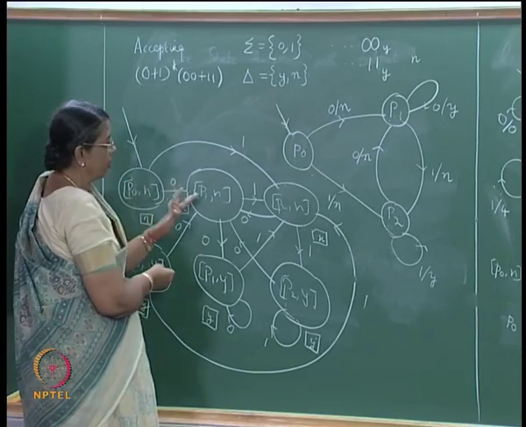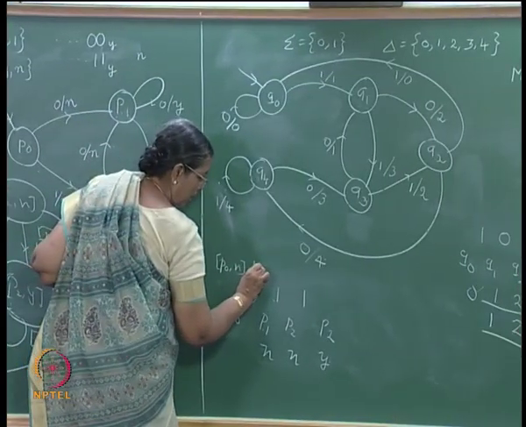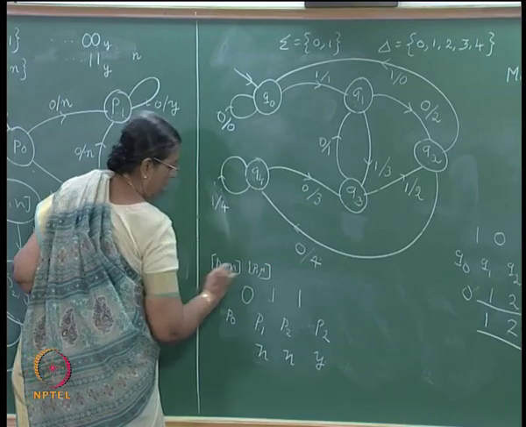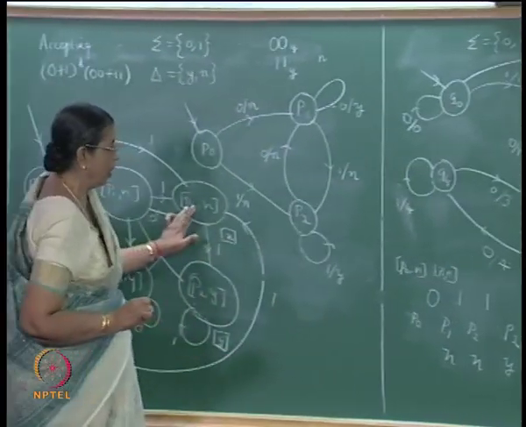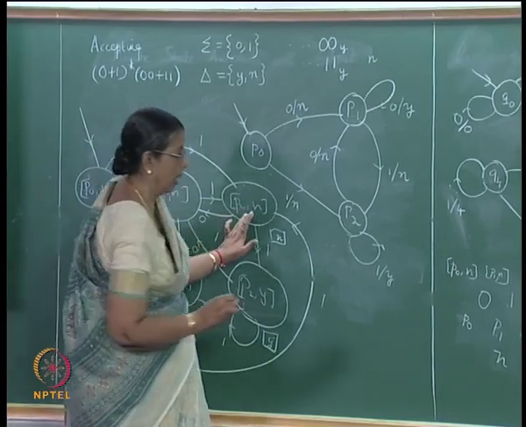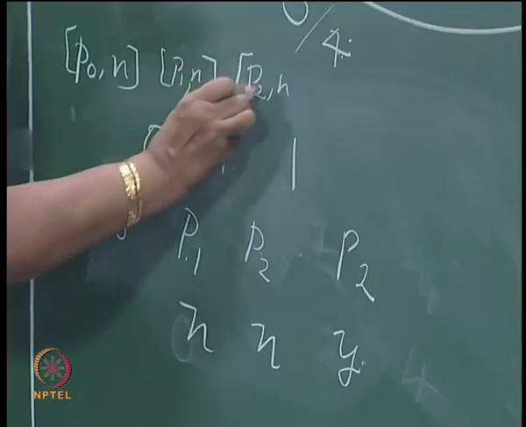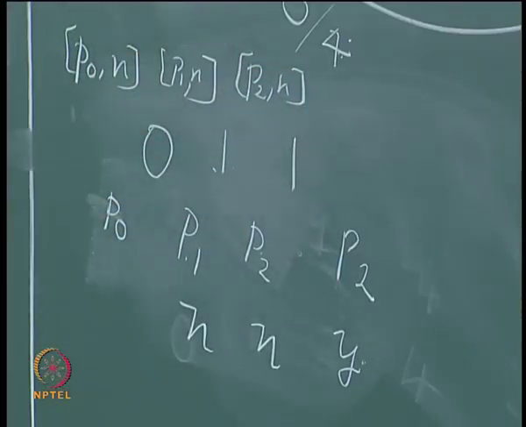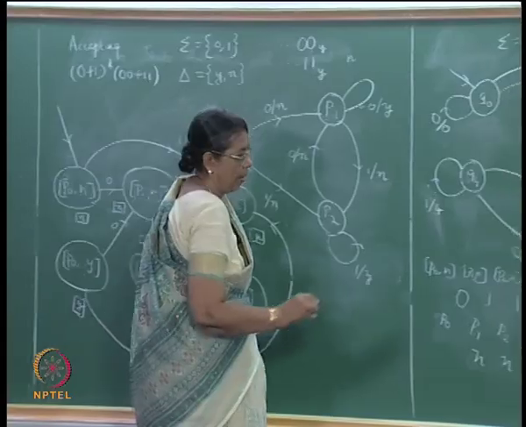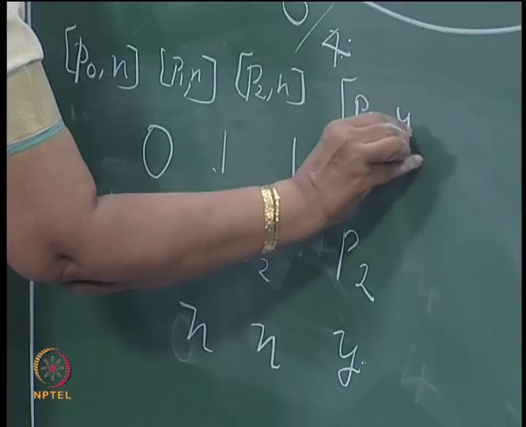P0 on 0 is P1 n, P1 n on 1 is P2 n, and P2 n on 1 is P2 y.